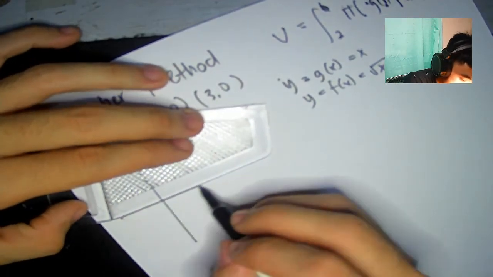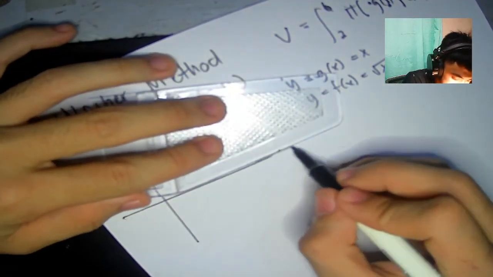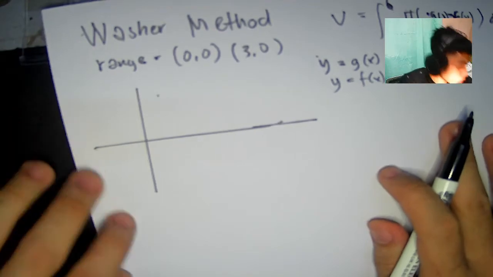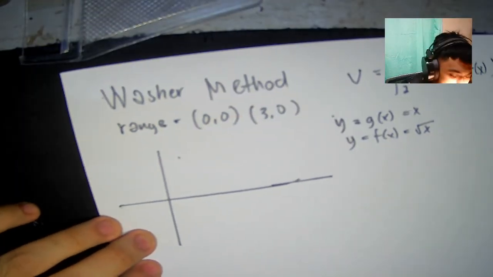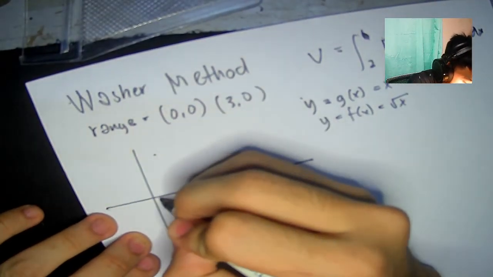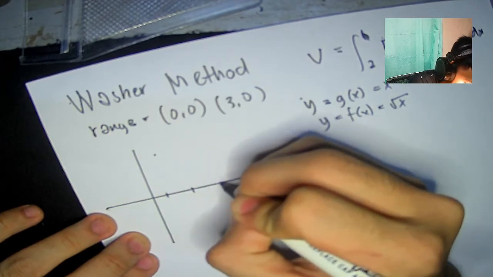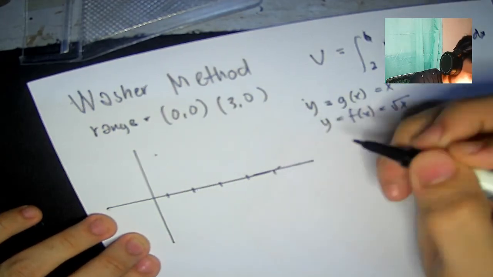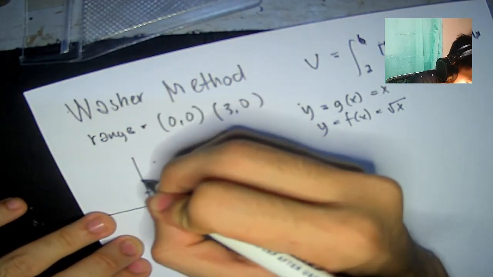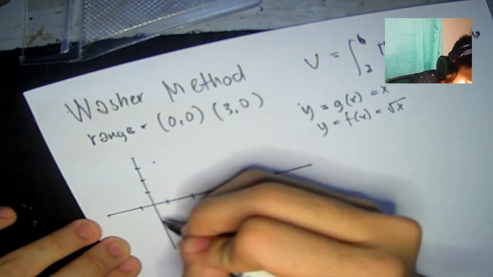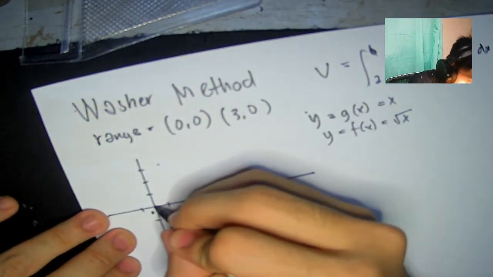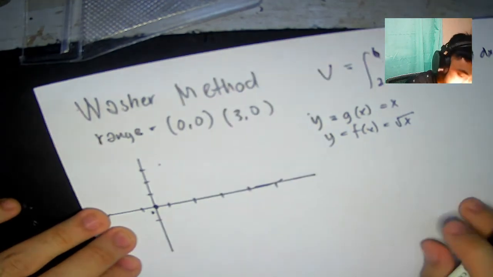It's a bit longer, I'm sorry. So what is the range? 0, 0. Let's make points here: 1, 3, 4, 5. Let's make it 5. So the first point was here, 0, 0.